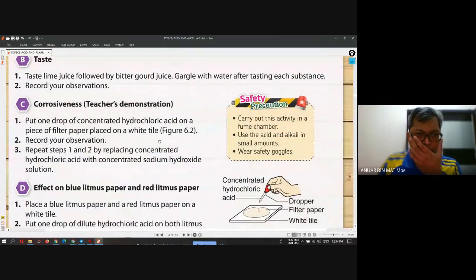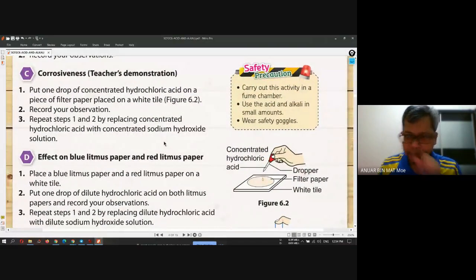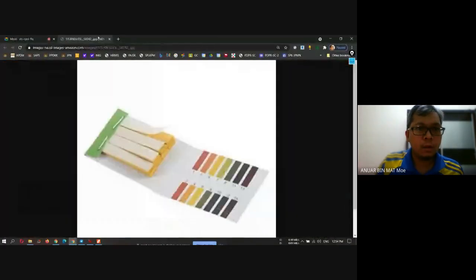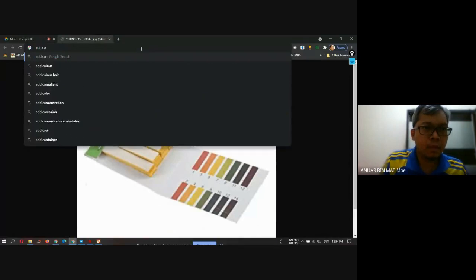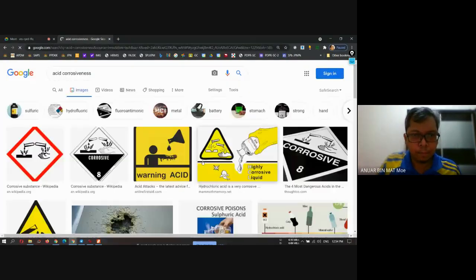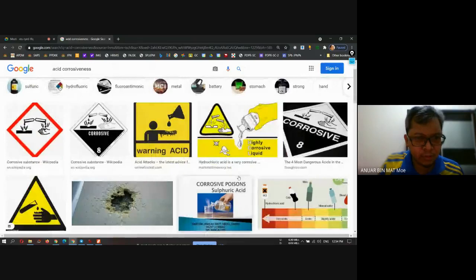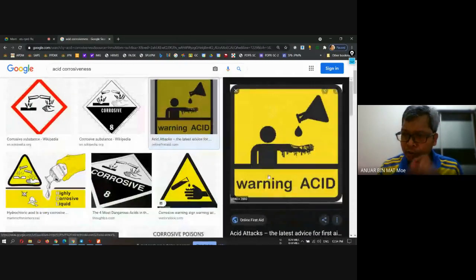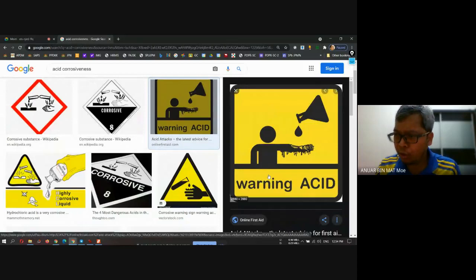Okay, next one is the corrosiveness. You still remember what is corrosive? Okay, I will show you. Very strong acid and very strong alkali are very corrosive. What is corrosive?